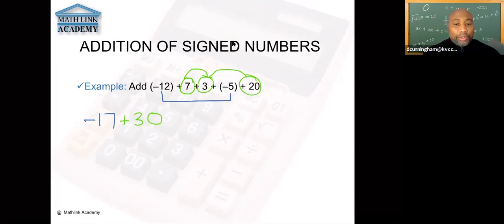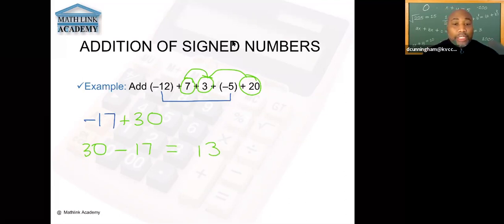So basically what we're going to do is just say 30 minus 17. The absolute value of 30 is 30. The absolute value of negative 17 is 17. Again, we subtract the smaller from the larger there. And so it'll be 30 minus 17, which is our 13.